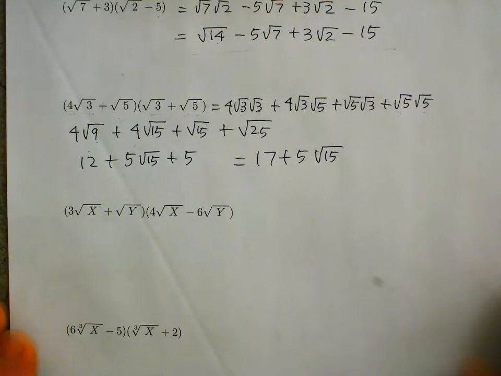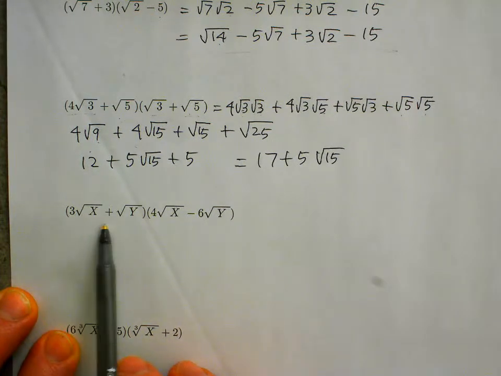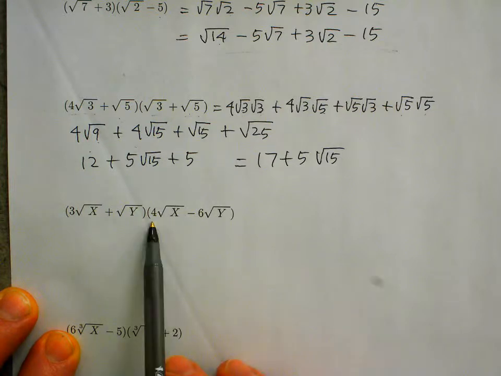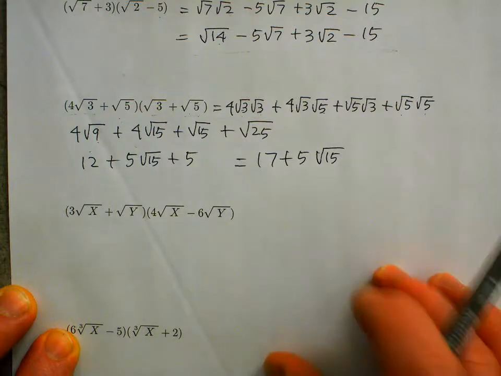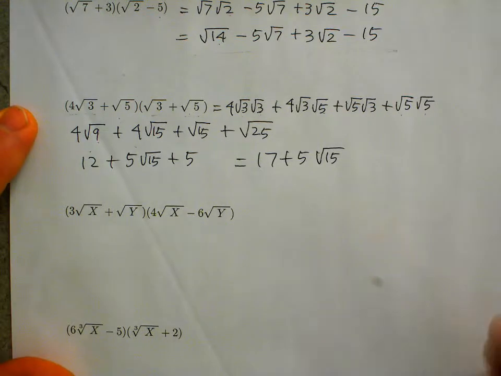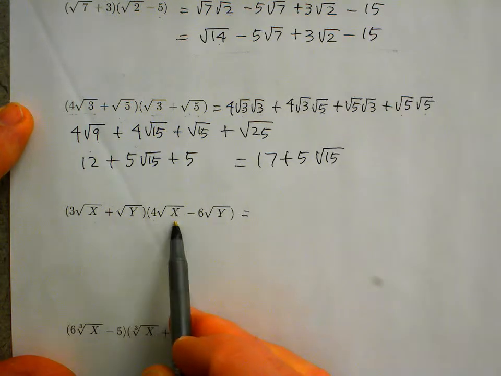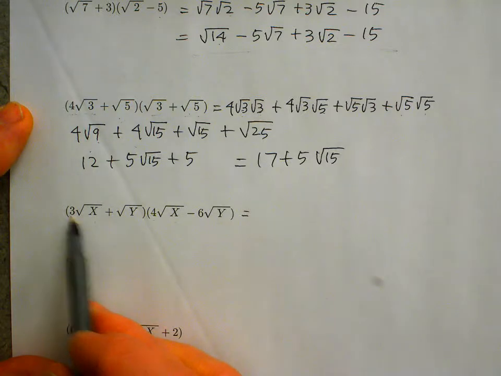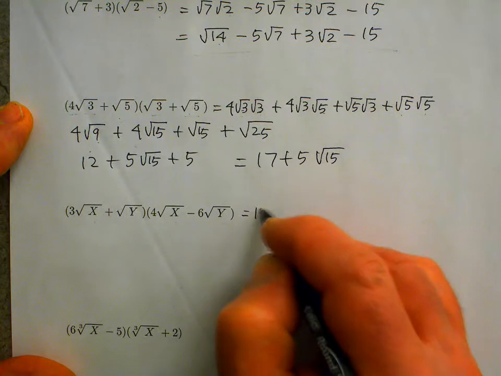Okay, the next one, 3 times the square root of x plus the square root of y, times the quantity 4 times the square root of x minus 6 times the square root of y. Okay, so just like before, 3 times the square root of x times 4 times the square root of x. I'll simplify a little bit to start with. 3 times 4 is 12.